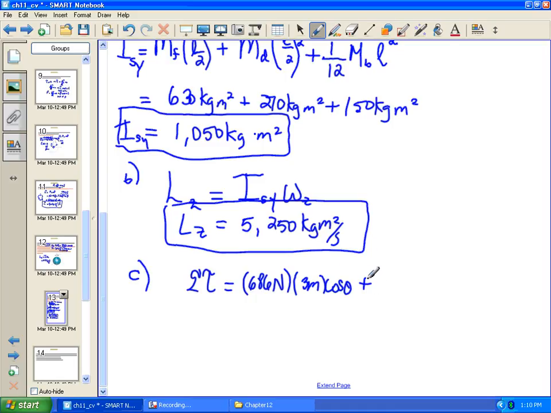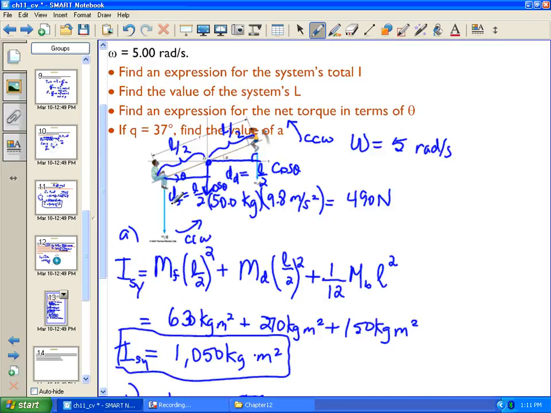plus we have the weight of the daughter, which is 294 newtons, times her moment arm, which is 3 meters, times the cosine of theta. And let's just review that we do have clockwise, and actually, this is counterclockwise, excuse me, towards the axis of rotation.